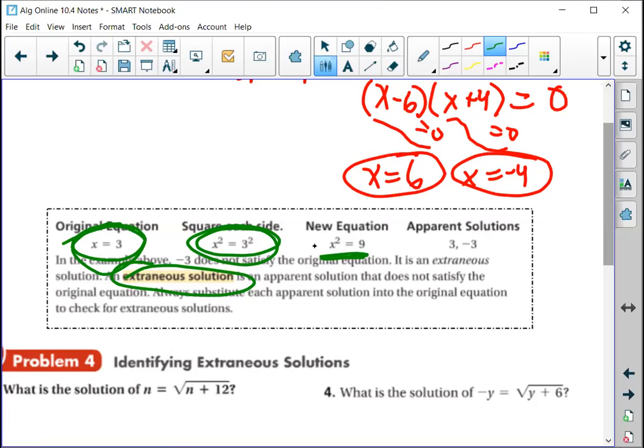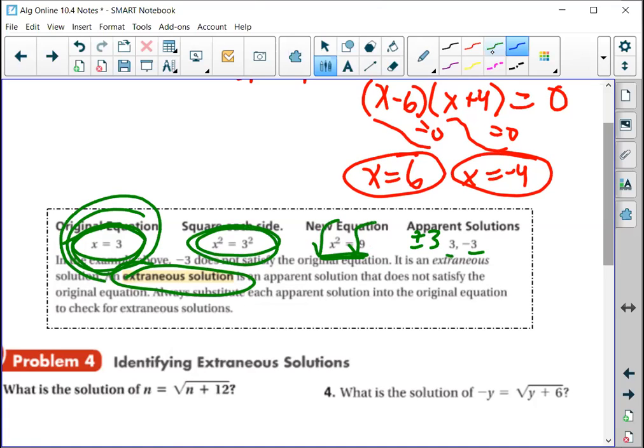And then if we take the square root of each side, remember the square root is going to be a plus or minus version. So that would be plus or minus 3, which would be positive 3 and negative 3. But again, the only actual answer was 3 because that's what we started with. That's kind of a weird example, but that's what we're looking at whenever we're identifying those extraneous solutions.